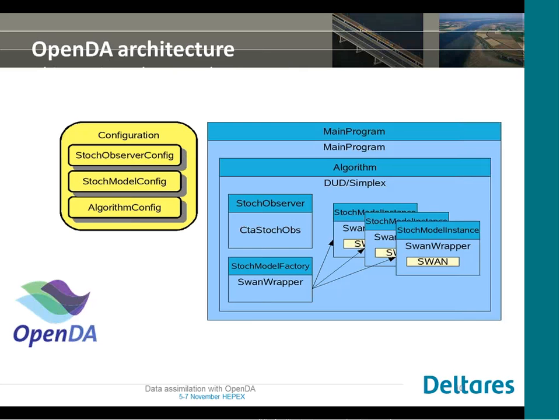The architecture is like this. You have several configuration files, XML files that you have to fill out, and then the algorithm has an interface, and all the observations have an interface, and the different models have a different interface. And this makes it possible to communicate between these different components.